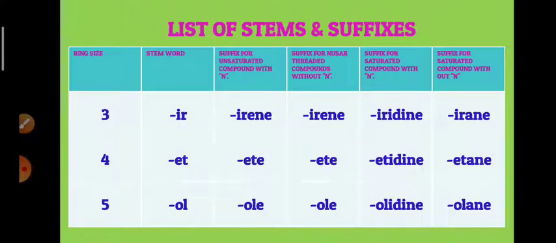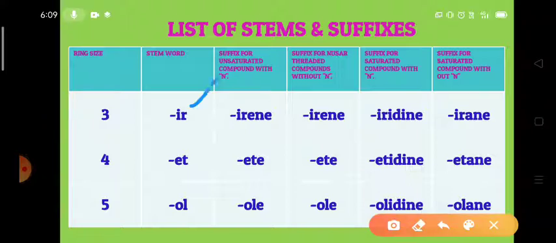Now we go for the words that are used for the stems and suffixes. If the ring size is 3, we use the stem ir, and for 4 we use et, and for 5-membered heterocyclic rings, we use the stem ol.